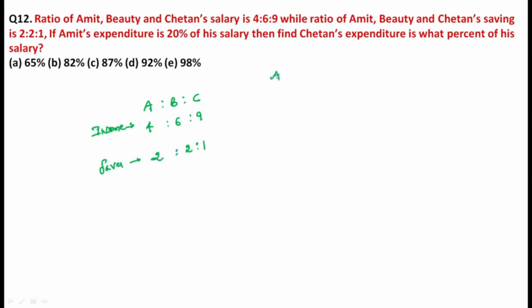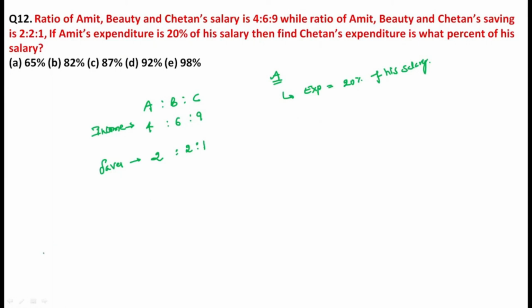Now there is information regarding Amit: Amit's expenditure is 20% of his salary. See guys, expenditure is 20% of salary, so I can conclude that the savings is exactly equal to 80%.